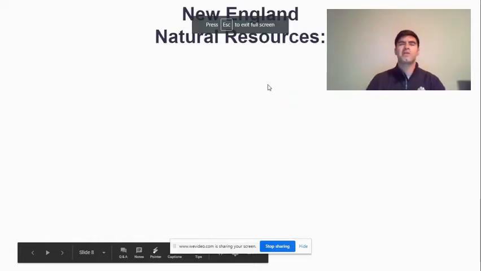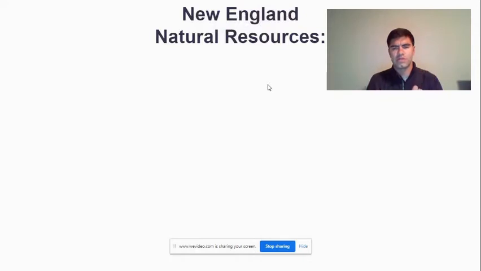So now we're going to shift gears a little bit and talk about the resources that the New England colony had within it. So if you remember back from our earlier discussions, we know that there are 3 types of resources in the world. They are natural resources, capital resources, and human resources.